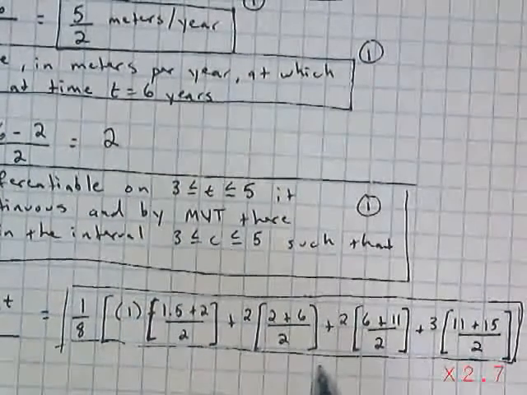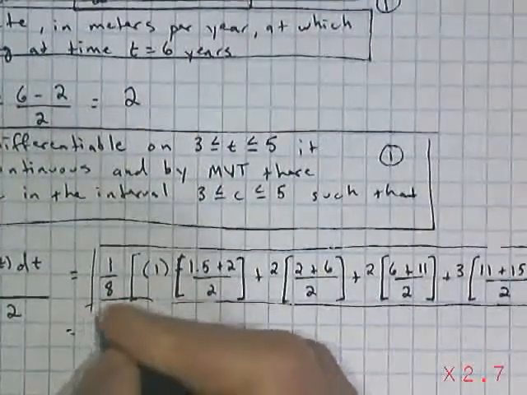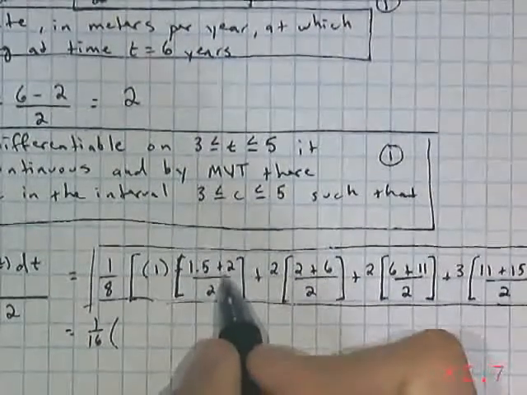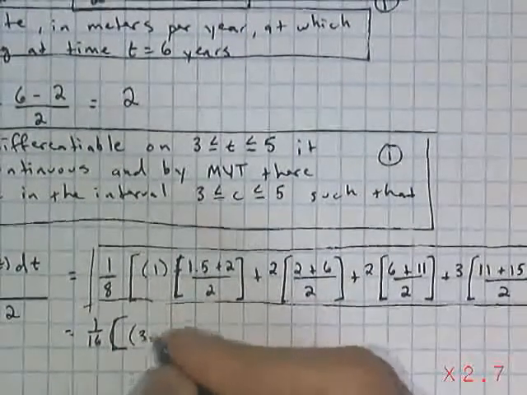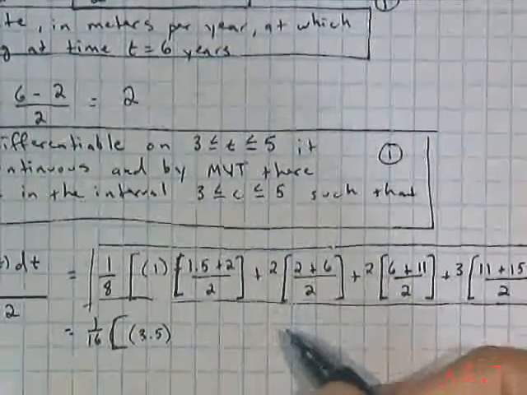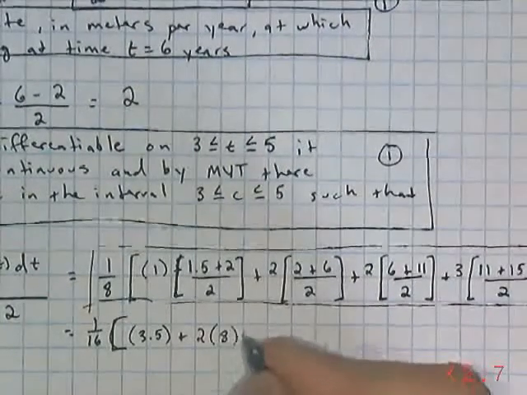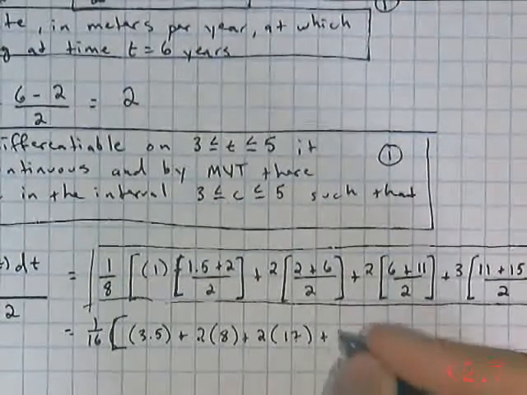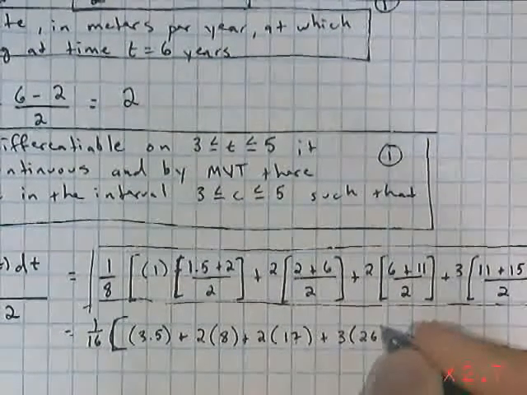I do see a 1/2 everywhere, so let's try to be savvy and pull that out. So this will turn into 1/16 times, let's bracket that, 3.5 plus 2 times 8 plus 2 times 17 plus 3 times 26.